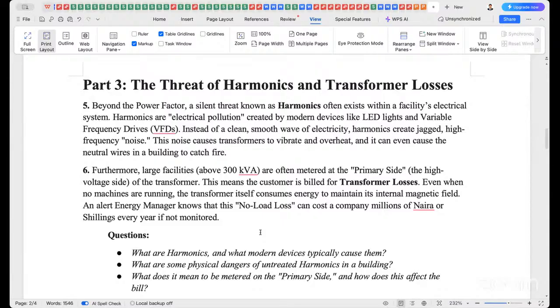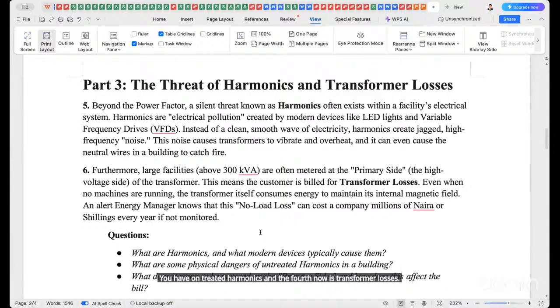These are some of the things. It's either you are being undercharged, so you need to check your bill for the high demand. You heard someone from one of the discos say they do that for companies and industries. It's either your power factor is being affected, so there is a lot of wasted energy. It's either you have untreated harmonics, and the fourth now is transformer losses.